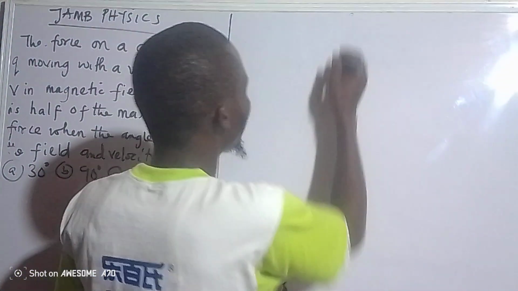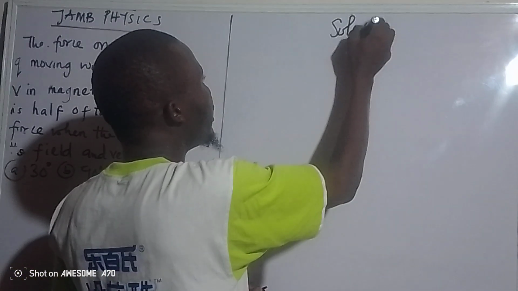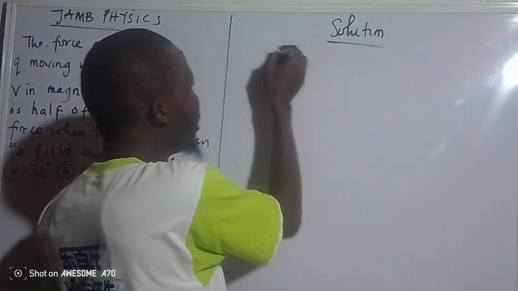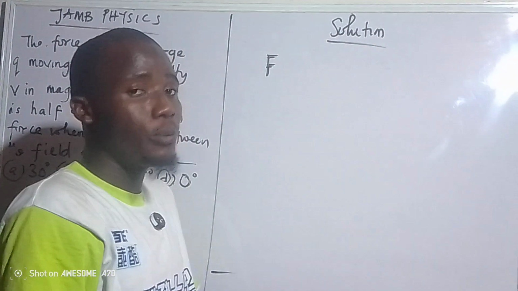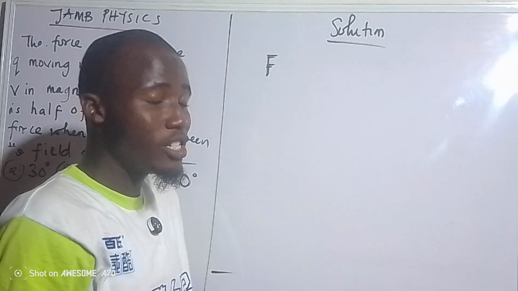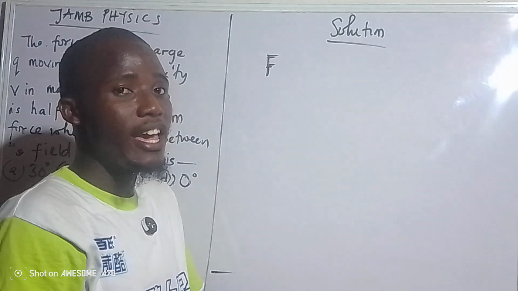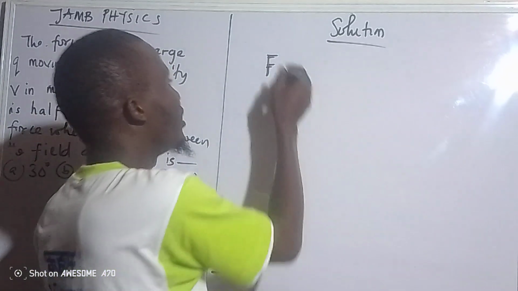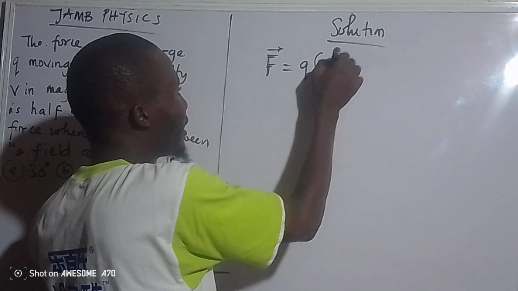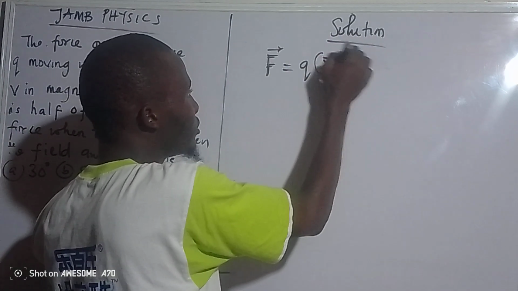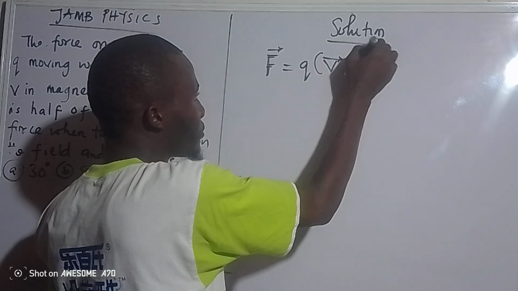So to solve this question, we'll be using the Lorentz force law. The Lorentz force law is that law that gives an expression for the force that a charge is going to experience whenever it enters a magnetic field, and it is equal to Q into bracket V cross B. It's a cross product.